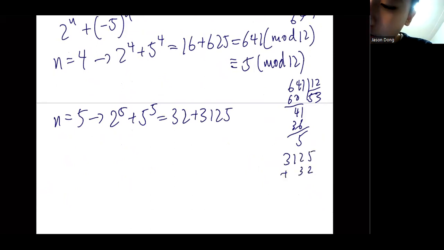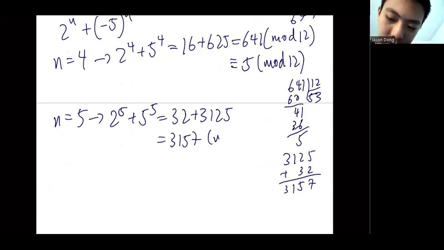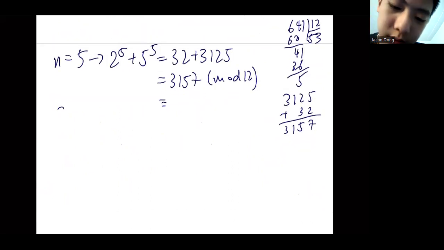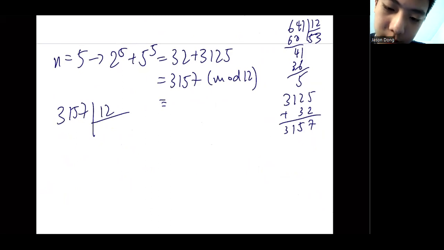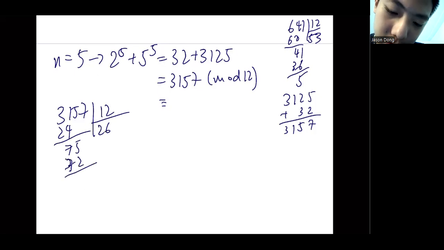Plus 32, that will be 7, 5, 3 ones, 5, 7. What is mod 12 as congruent to, that will be 24, 75, 6, 72, 37, yeah, 3.